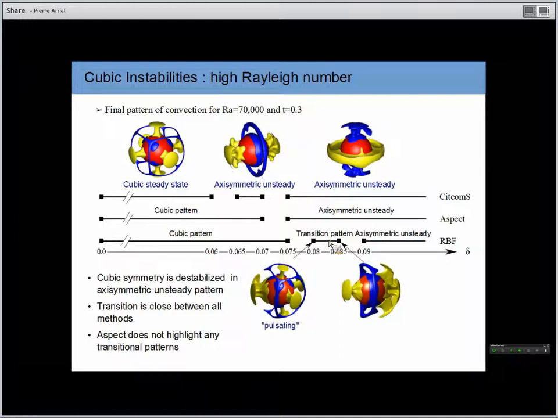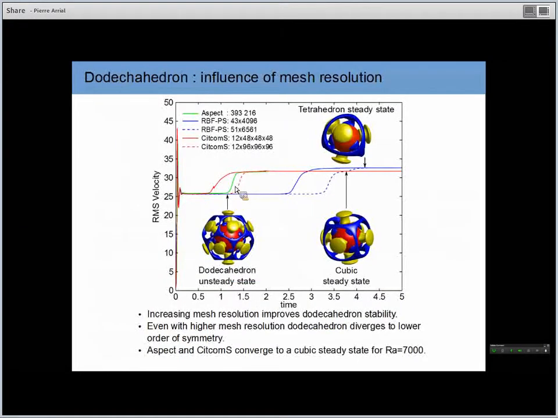And we can also observe that there are still transition patterns for CitcomS. And this is a new observation: we also have transition patterns for RBF. So I'm just going to show a couple of movies to show you how these evolve.